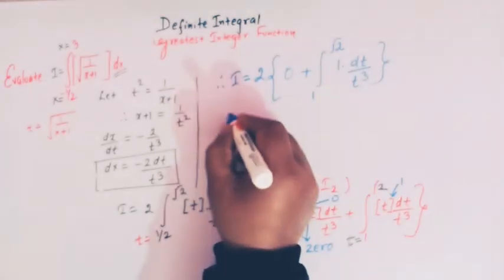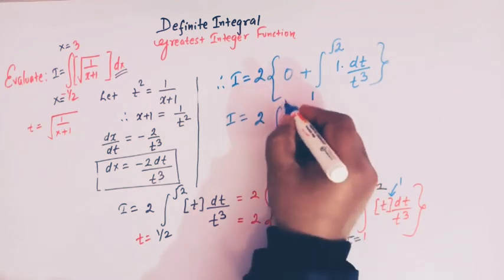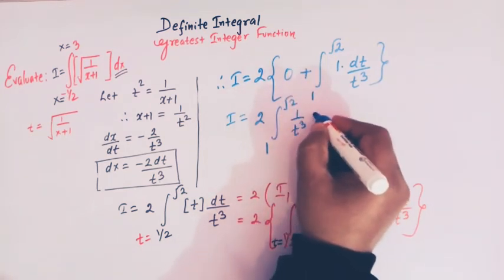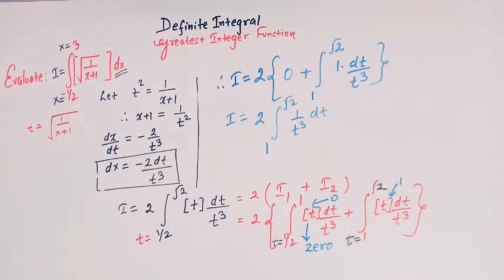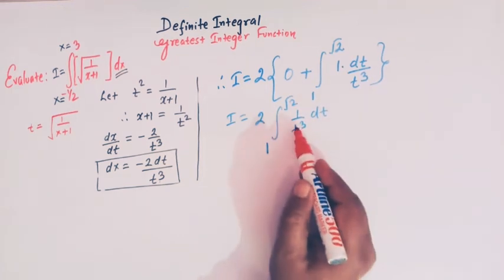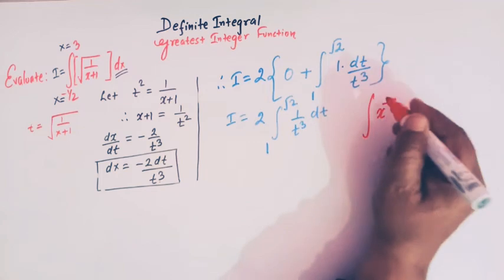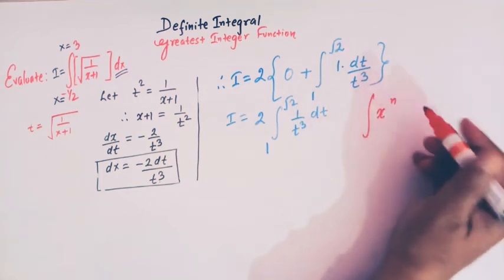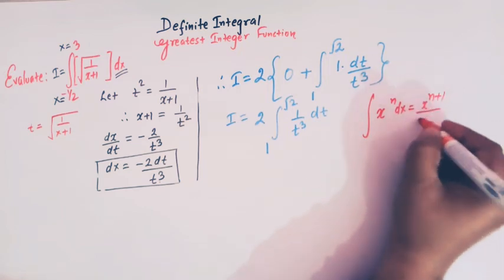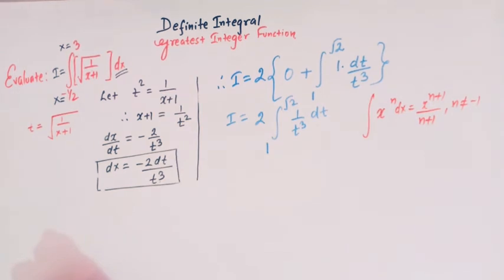And we can rewrite it as 2 times integral from 1 to square root of 2 and 1 over t cube dt, right? So now this is a very fundamental or basic integral, and here we'll make use of the result, that is integral of x raised to n dx is equal to x raised to n plus 1 over n plus 1, provided n is not equal to minus 1.